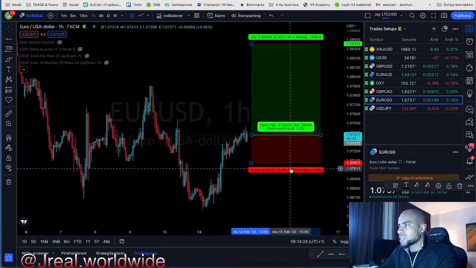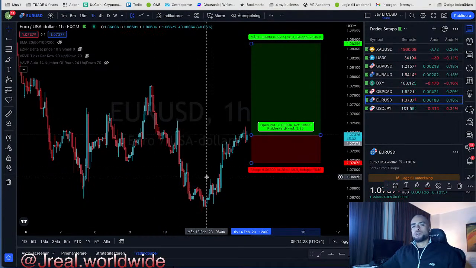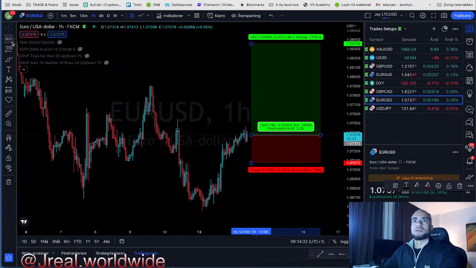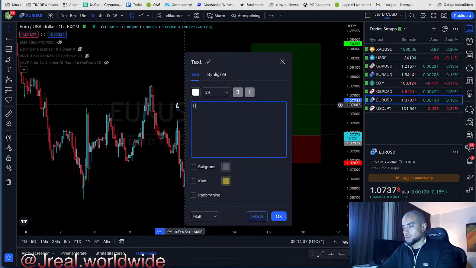So you have a stop loss of 30 pips. Now you are trading with a lot size of 0.01. What does that make? We're trading 10 cents per pip.